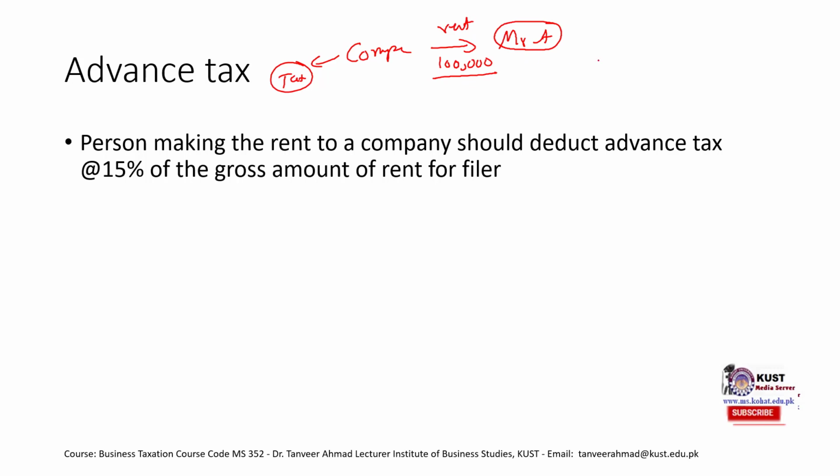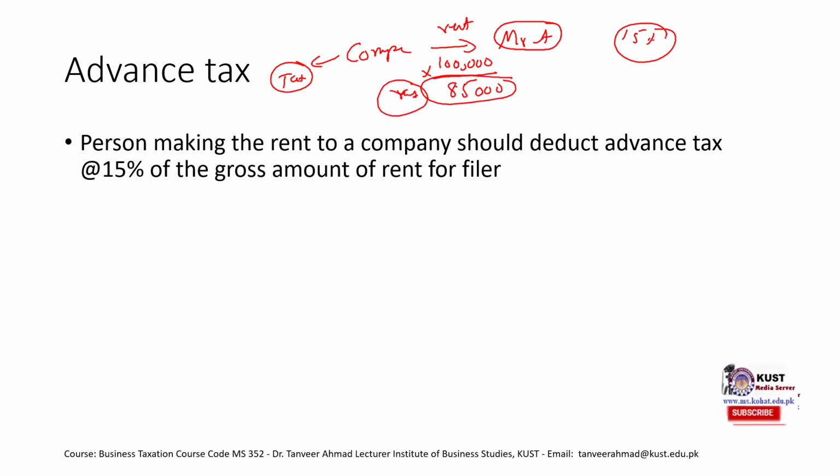By how much? By 15%. So instead of paying 1 lakh rupees, although the rent is 1 lakh rupees, Mr. A would pay 85,000 rupees to the company as rent.